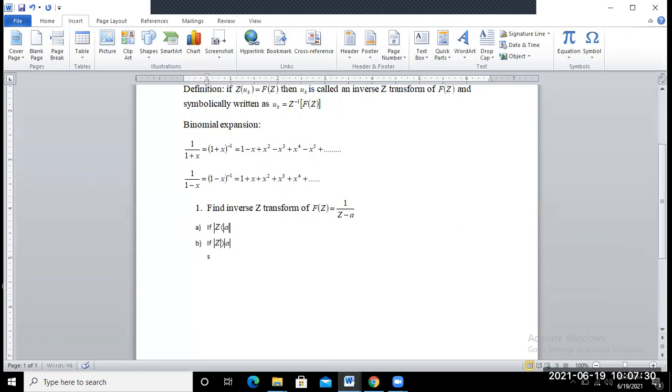The solution of part A can be solved in a different way. Suppose you represent the Z transform of uk equal to F(z).